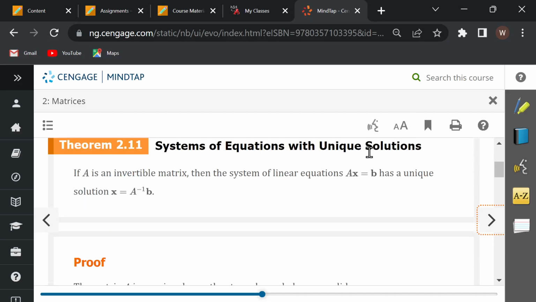All the other times, if A is not square, we might get a solution, but it might not be unique. Or we might not get any solution at all. The system might be inconsistent. If A is square and singular, then we don't get a unique solution. And if it's non-singular, we get exactly one.